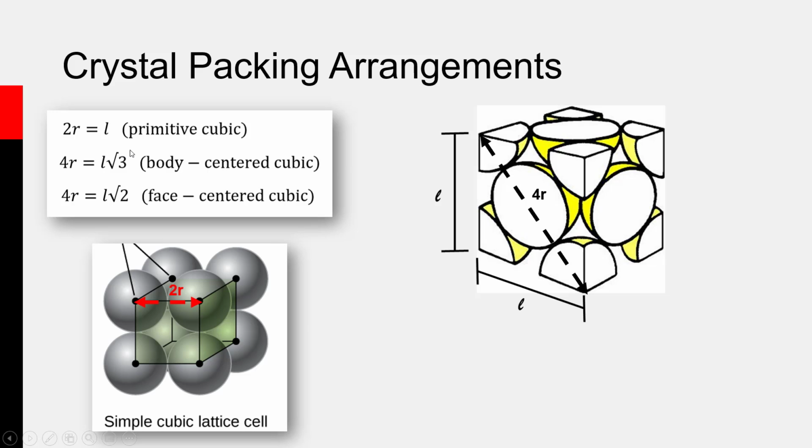Where we get this formula for the body-centered cubic unit cell is rather hard to see in a two-dimensional representation, but it involves a similar type of Pythagorean theorem argument, except in the body-centered cubic unit cell, you actually have to draw your hypotenuse through the diagonal that goes through the middle of the unit cell rather than a face to build up a valid relationship that's easy to solve between atomic radius and the edge length of the cell.